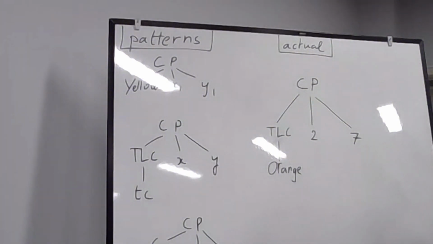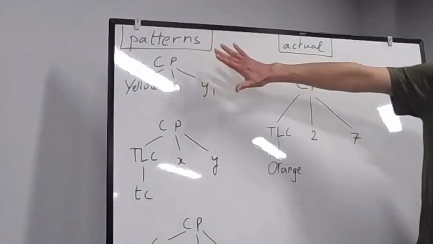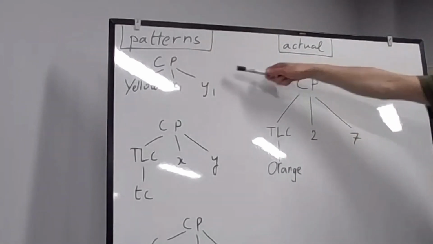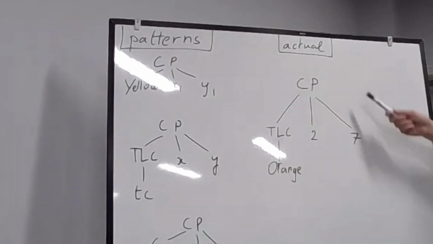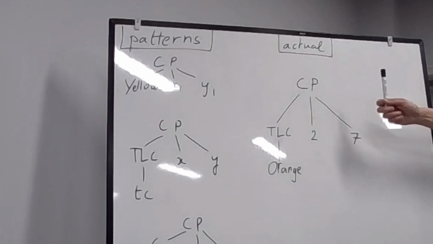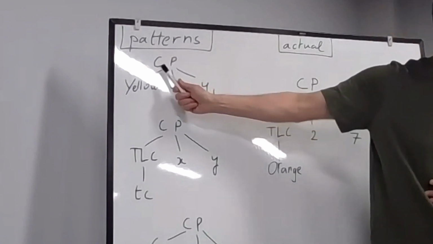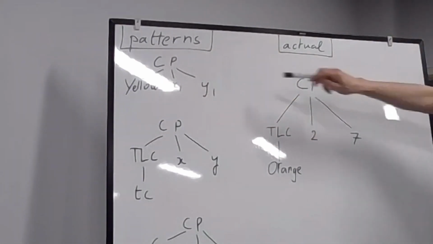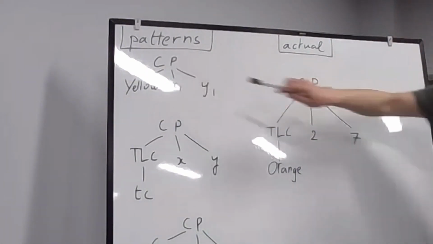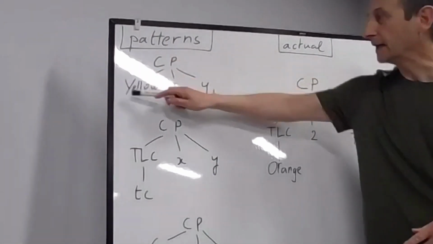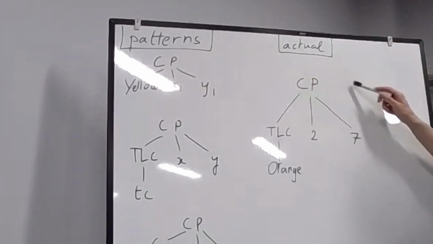It is exactly recognizing which of these patterns corresponds to an actual value. And the idea is very simple. You just check that you have the same constructors. For instance, at the root here, I have CP in CP. So until this point, this pattern could correspond.